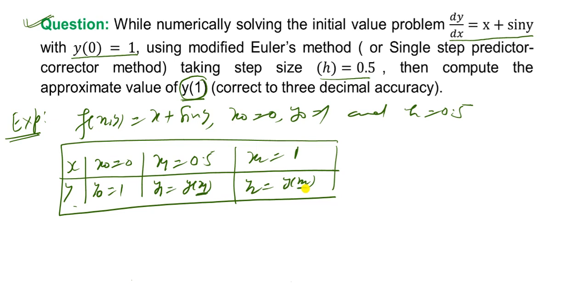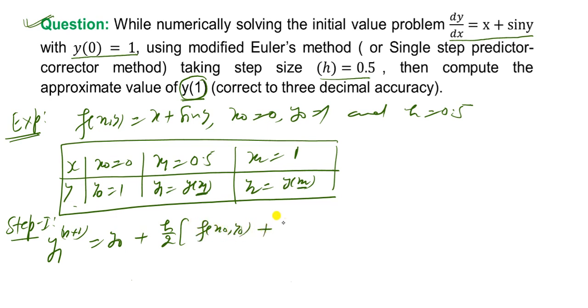So when we apply the modified Euler's method, in step 1, y1 n plus 1 is equal to y naught plus h upon 2 f x naught y naught plus f x1 y1, and here n is equal to 1 2 3 and so on.